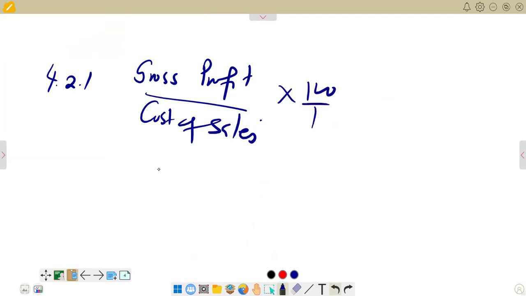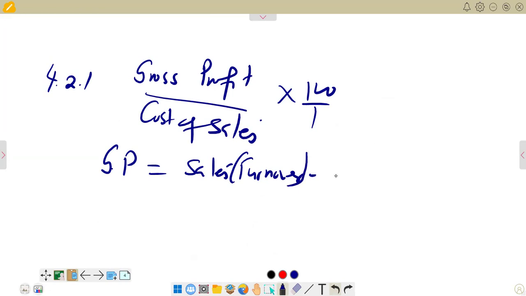Gross profit is not given, but you can always find it by taking our sales, which is our turnover, and subtracting cost of sales.